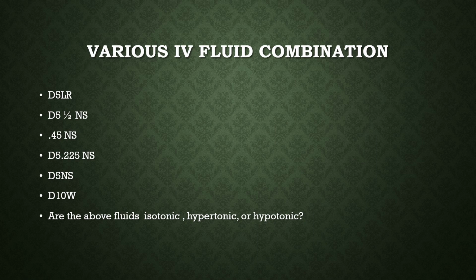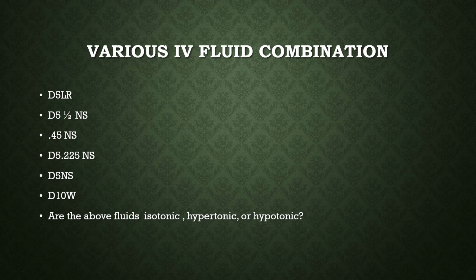So that's a hypotonic fluid. 0.9 is isotonic, so D5.45 normal saline will be a hypotonic solution. 0.45 normal saline, just plain 0.45, is going to be hypotonic. D5.225 normal saline, so it's D5, 5% dextrose with 0.225 sodium, is also hypotonic.